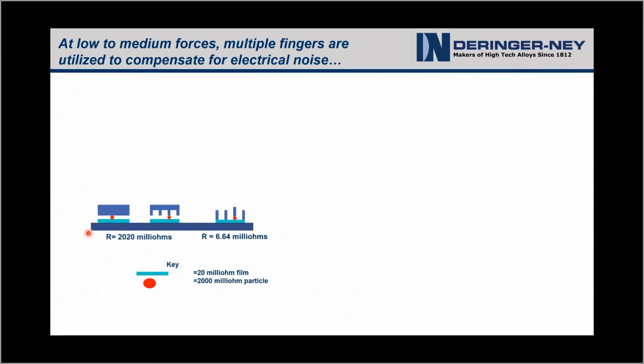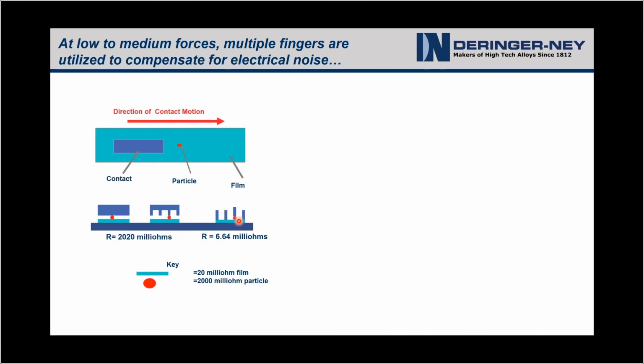Because if we have some substrate here, and then you have some resistive particle, and then your electrical contact, you need to be able to utilize the power of multiple parallel resistance channels to shield yourself from the effects of the high resistance particle.